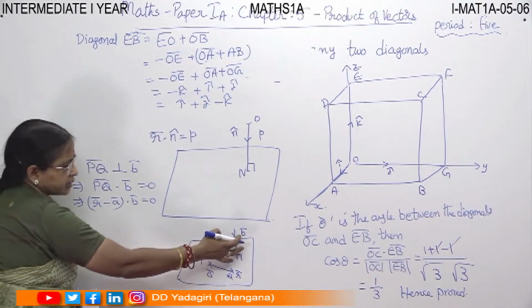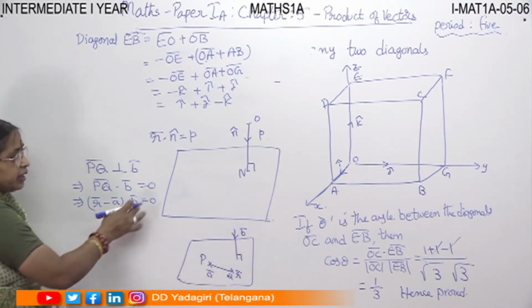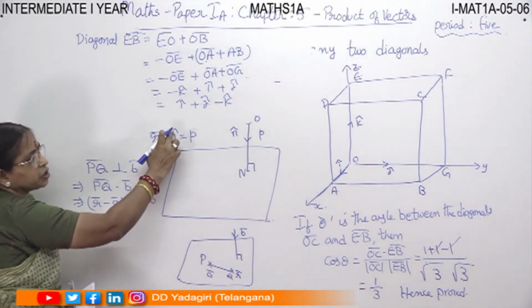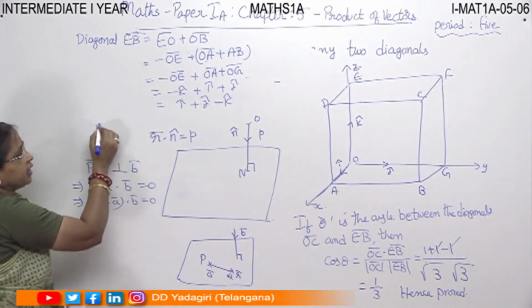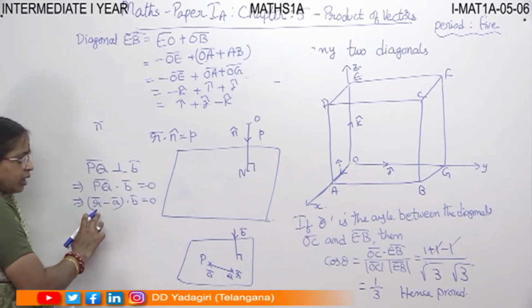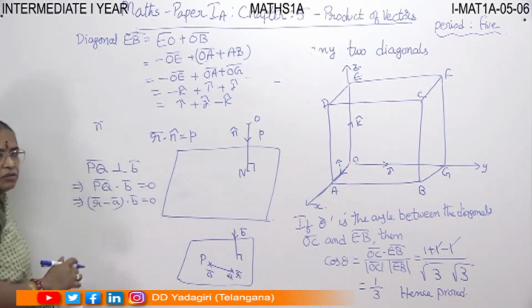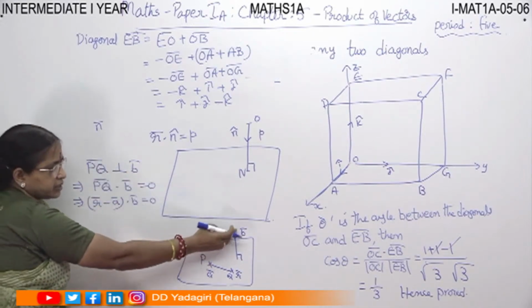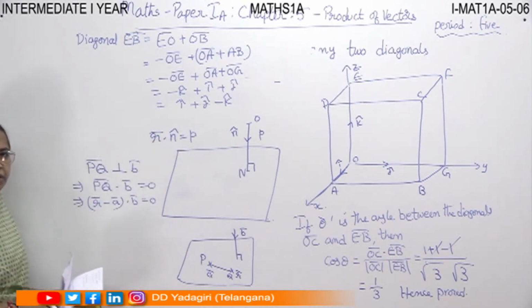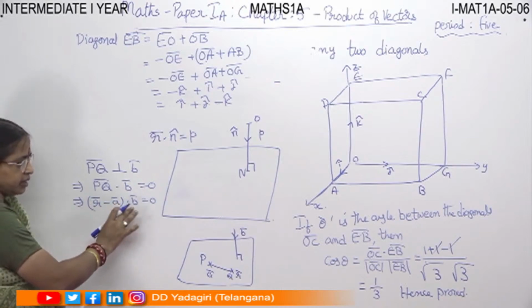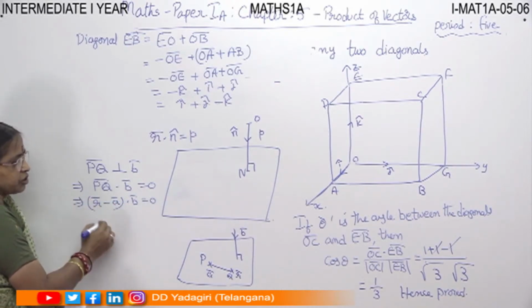You can also take this as some n. Same letter you can take, but if it is a unit vector, you should write n cap. If it is not a unit vector, you can just write n bar like this. Instead of n, I am taking it as B, because n cap we are denoting by unit vector. So this is another equation of the plane.